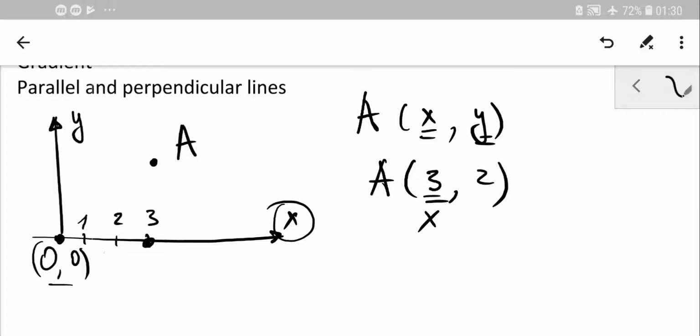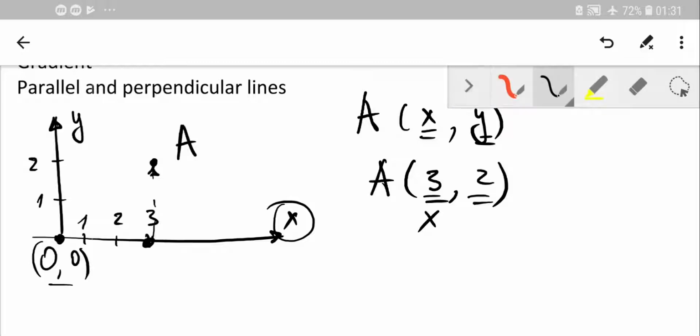So we count 3 times, all right? And then we count 2 steps up. In this case the scale is a bit bigger, but normally you should use the same scales. From here, you lift it up by 2 units, and that's how you arrive at the point A.